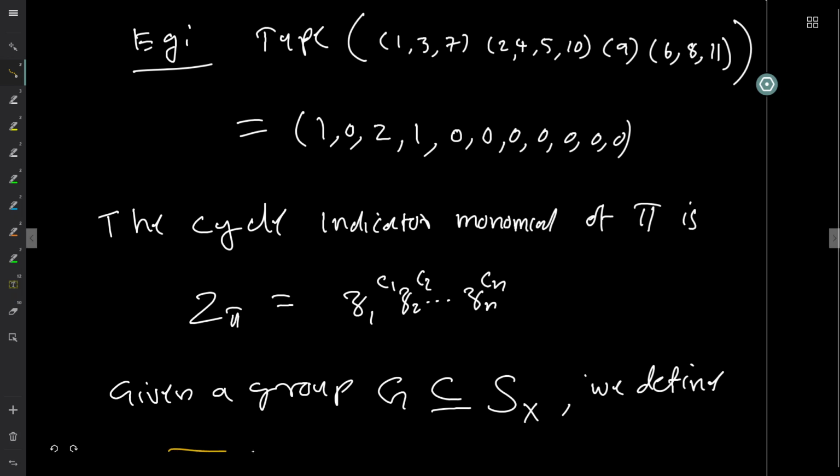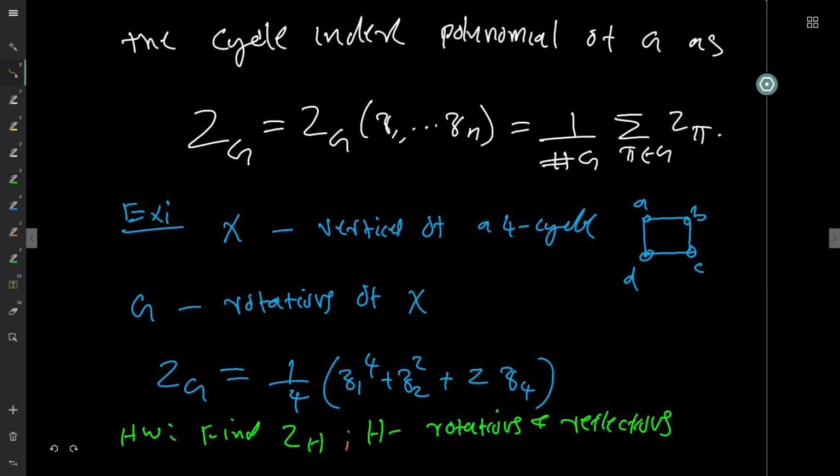Given now a group of symmetries, let us define the cycle index polynomial of the group G, denoted by Z_G of z1 to zn, as 1 by the order of G times the summation over all the permutations pi in G of the monomial z_pi. So it is the sum of all these monomials, normalized by the order of G. This will be very useful.